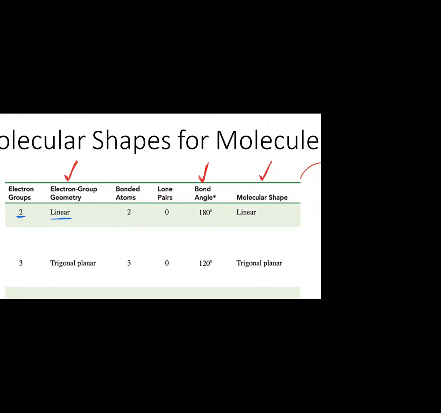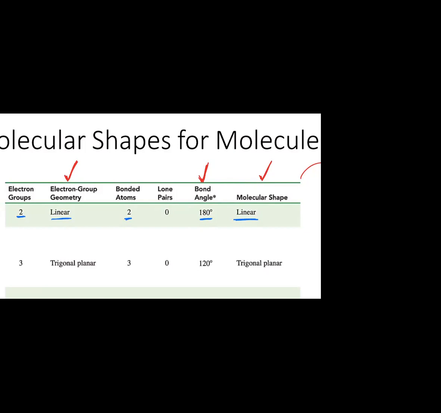Your answer will be linear. In many examples, you will see that in linear molecules, you have only 2 bonded atoms. The bond angle for something that is linear is going to be 180 degrees. Then you will see that the molecular shape is also linear.